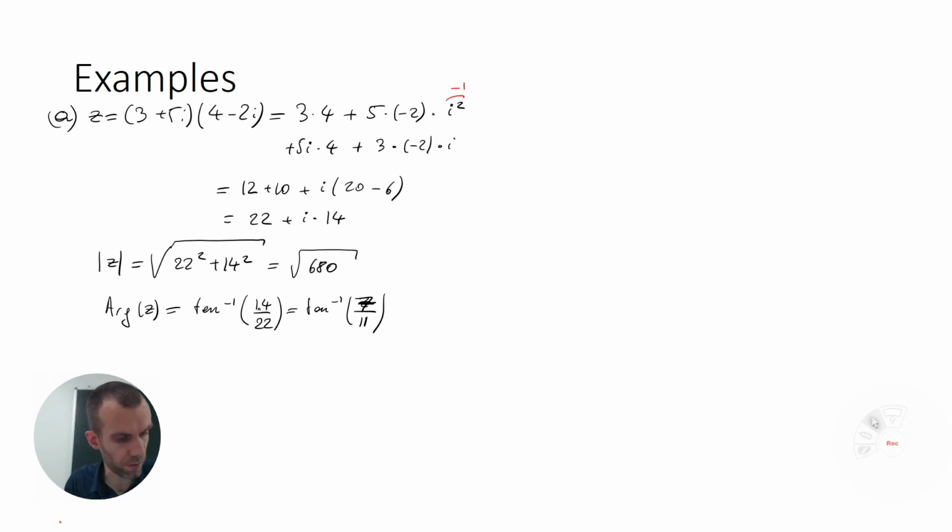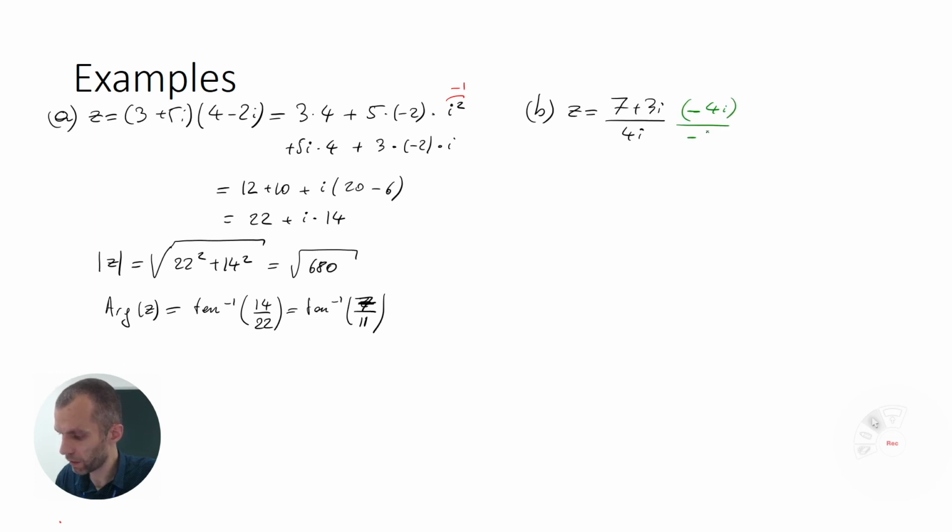For the second example, let's have a look at z equal to 7 plus 3i divided by 4i. So we said, okay, to figure out what the division of complex numbers is, multiply by the conjugate. So let's do that. Minus 4i, minus 4i.